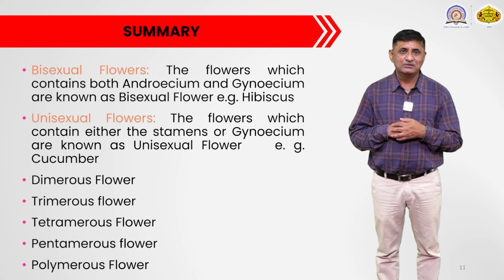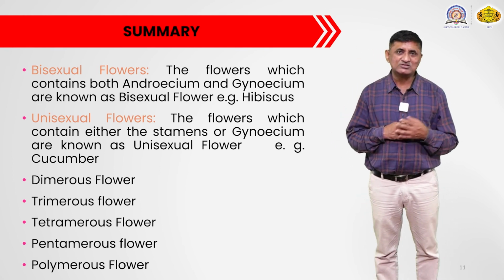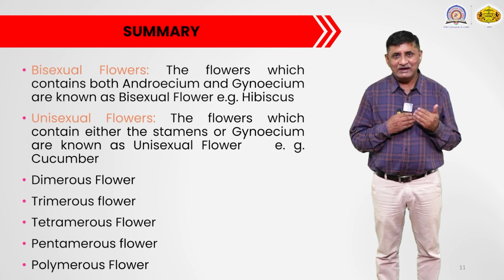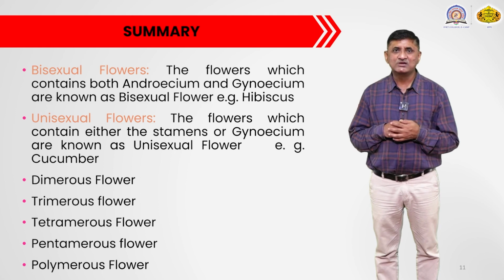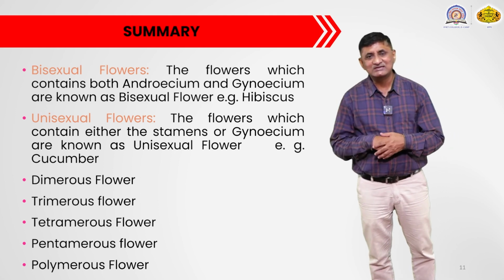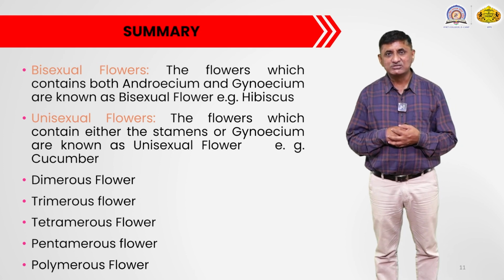For example, in the flowers of members of family Cucurbitaceae, there may be presence of only androecium, and such a flower is called a male flower. If gynoecium is present, such a flower is called a female flower. Then we learned merosity.